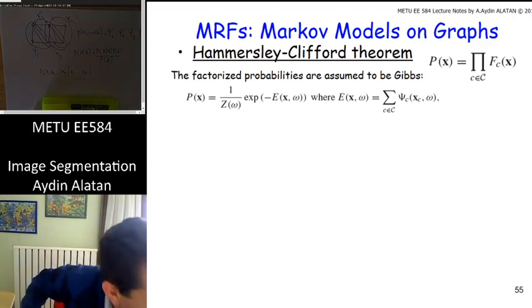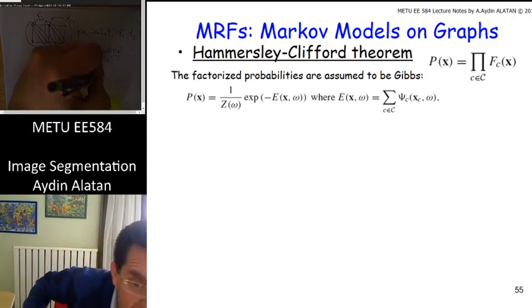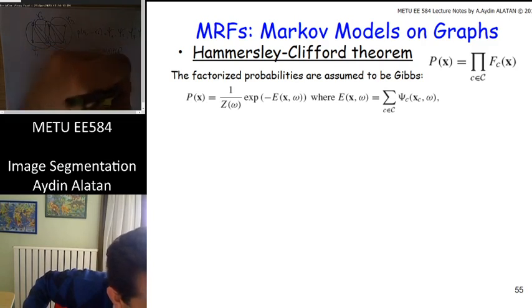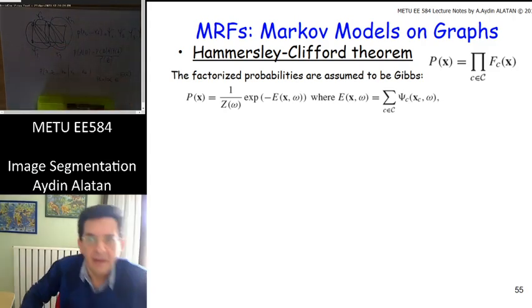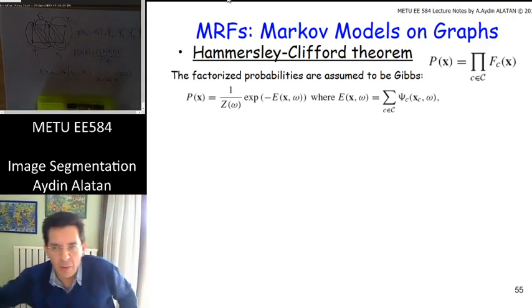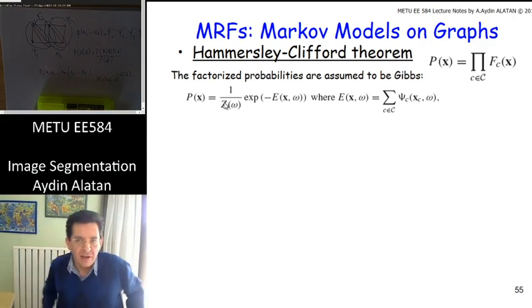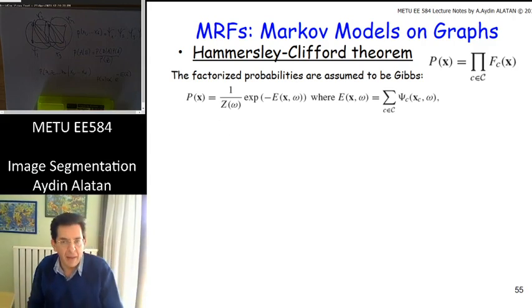Therefore, Gibbs distribution means e to the minus an energy function of x. This is the normalization term in front to make everything sum up to 1.